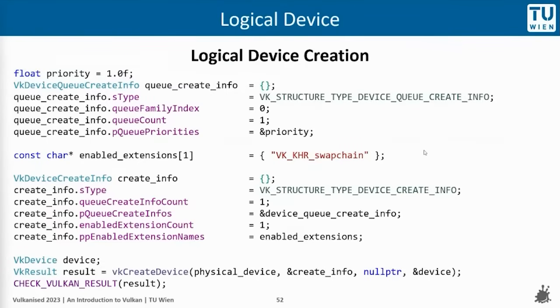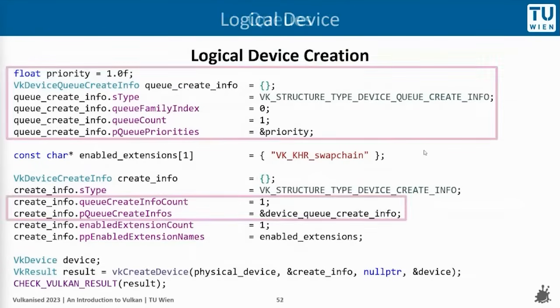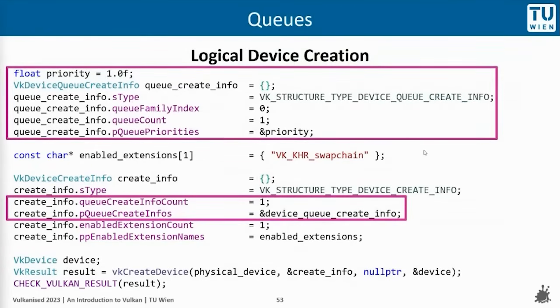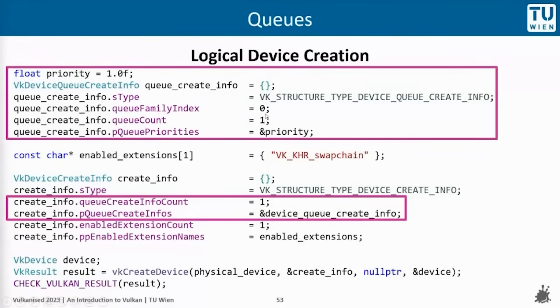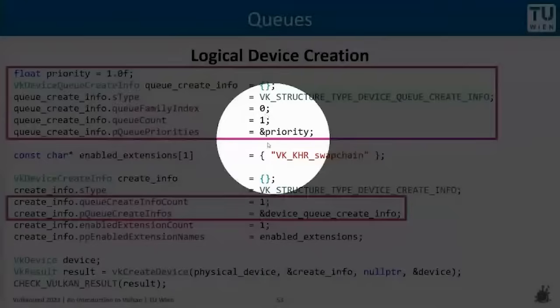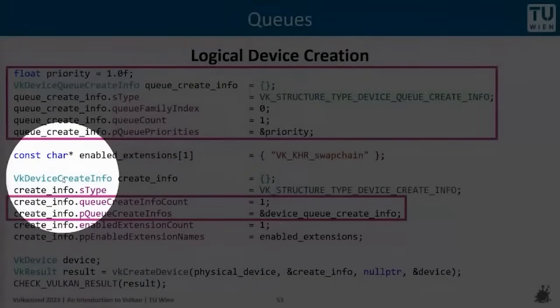Okay, so we've seen this screen before already with the queue create information. In this case, we are creating one queue of queue family index 0, and we pass that to the pointer members in the VkDeviceCreateInfo configuration structure.